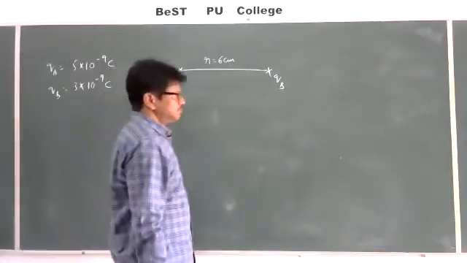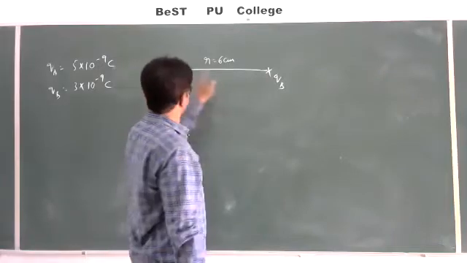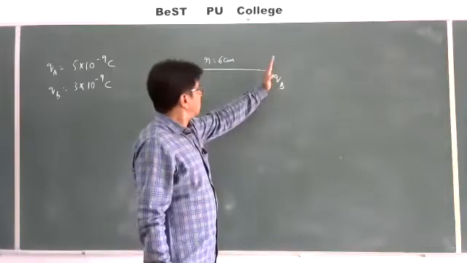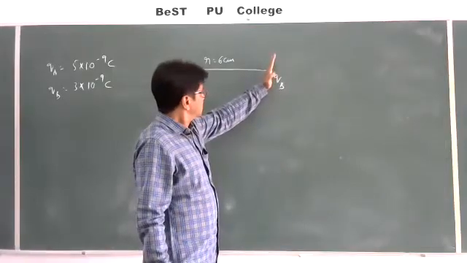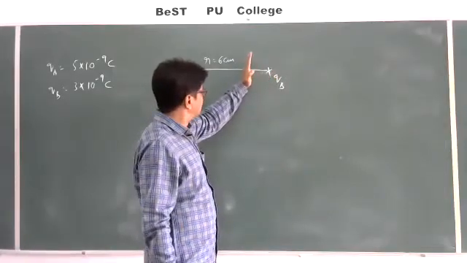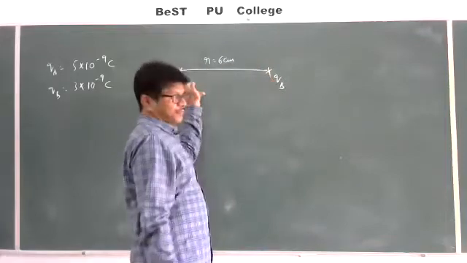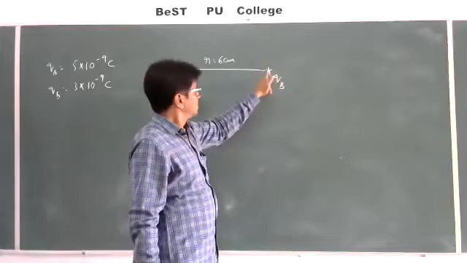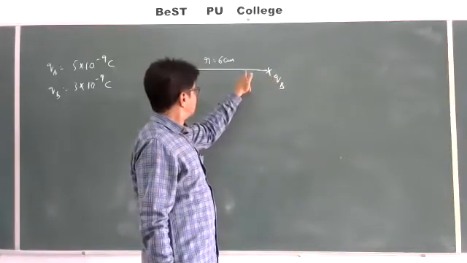Now, this is positive and this is positive. Now he wants to move the charge QB by 1 centimeter towards A.